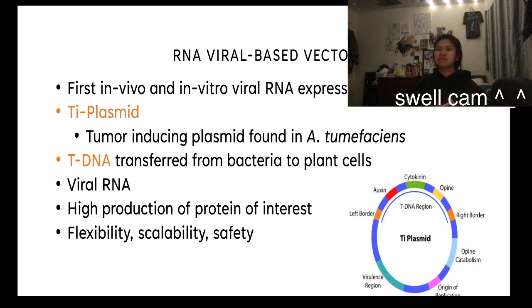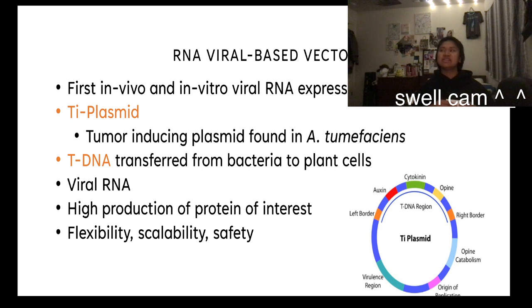So we've been talking about using RNA viral-based vectors. The first time viral RNA expression occurred in vivo and in vitro was in 1984. They utilized the TI plasmid, tumor-inducing plasmid, which is found in Agrobacterium as stated before.